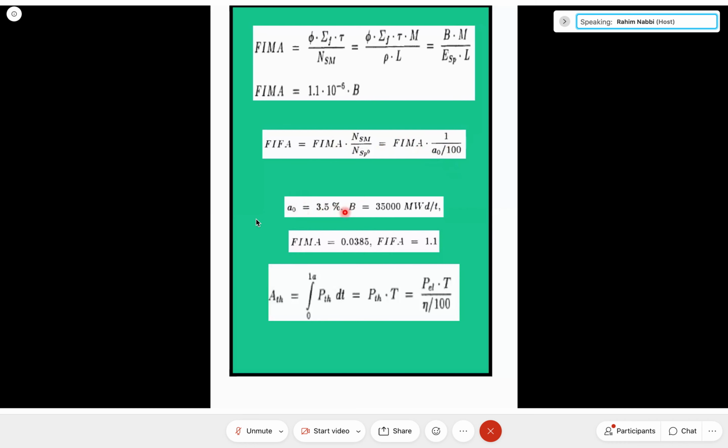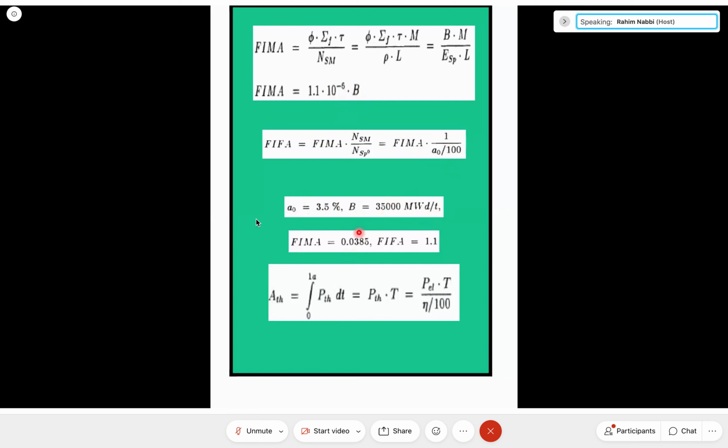And from here, you can calculate B. So B, megawatt day per tons, is then at the end of 1.5 years of operation, depending, of course, on the type of reactor.